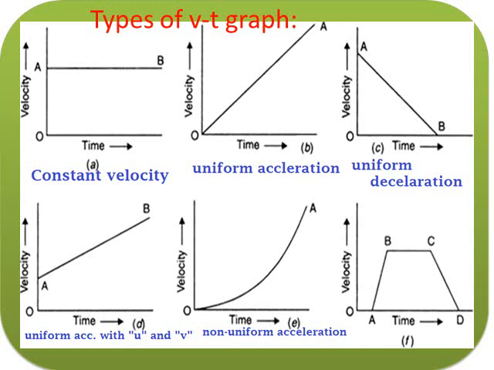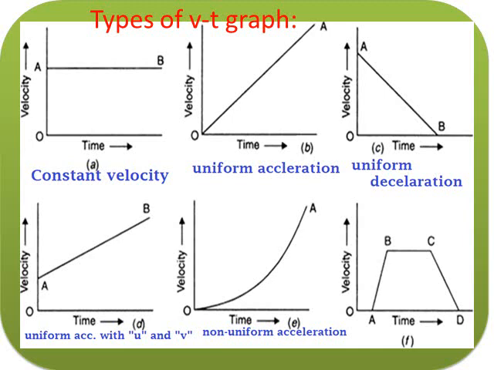Therefore, the body here travels with uniform acceleration. Now, look at the graph C. The shape of the line is exactly opposite to that of B. So, where it represents uniform deceleration. I already told you children, deceleration is negative acceleration.